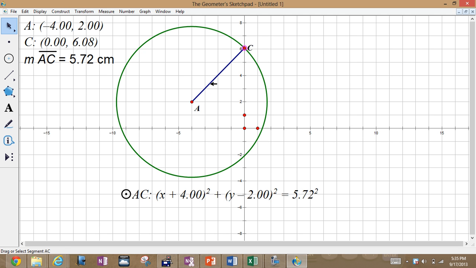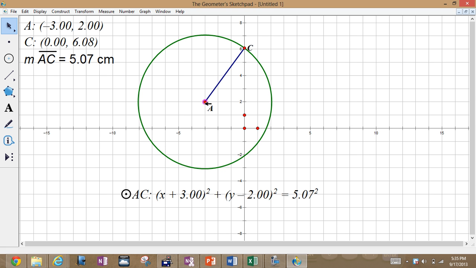Now, I could actually move the center too. If I move the center here to -3, 2, what's impacted is the location of the center. So you can always tell from the equation of the circle where the center and the radius will be.